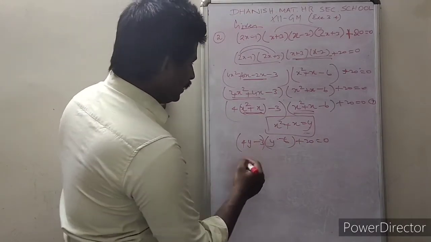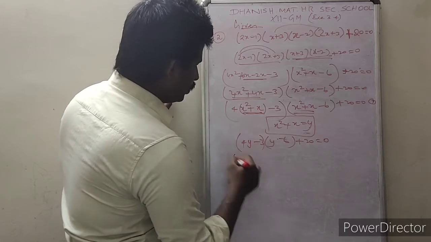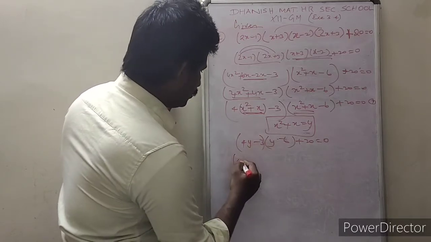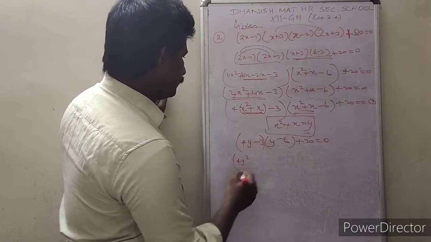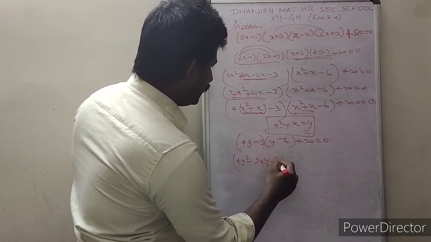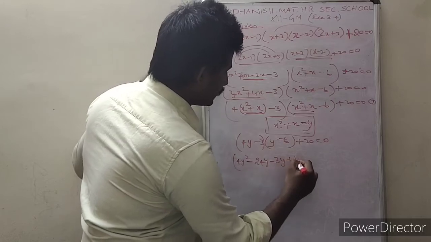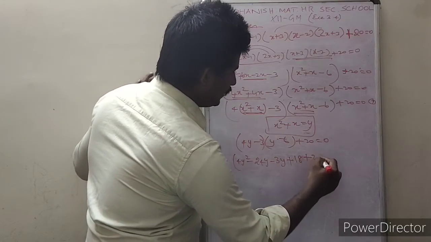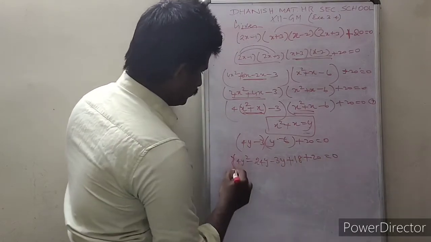Now I am going to multiply these two. So 4y square minus 24y minus 3y plus 18 plus 20 equal to 0.